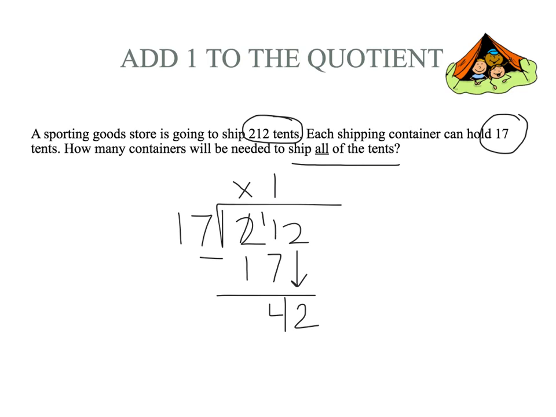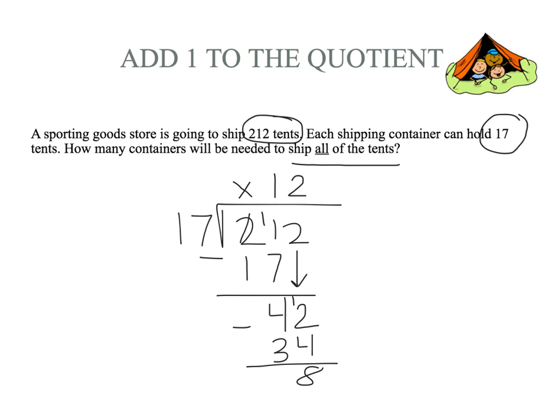I check. I divide again. 17 goes into 42 2 times. 17 times 2 is 34. Subtract again.